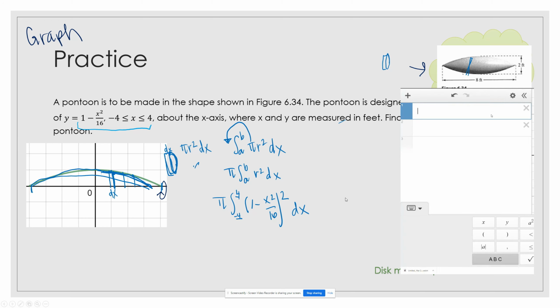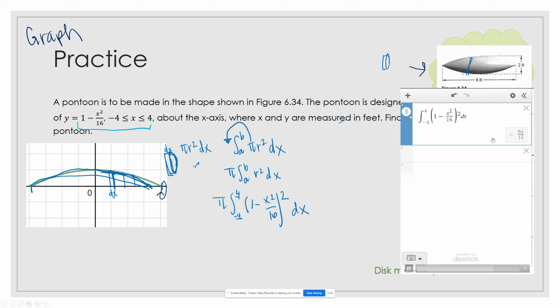So using Desmos, I think I'm going to end up putting pi in here, but I'll wait until the end. I will put pi because we are estimating an actual volume in feet. So 1 minus x squared over 16, squared, dx. And we get 4.26 pi, or 64 pi over 15.